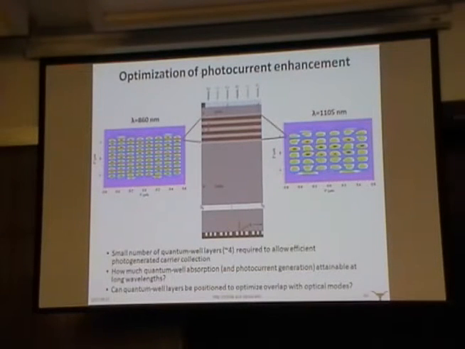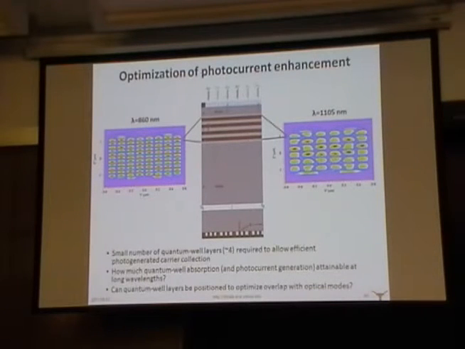And then you have issues like the following. This multiple quantum well region is really quite a small fraction of the total device structure. If you look at the field distributions for these different modes, you can see that for each of these modes you have peaks in the field intensity, and then you have minima where the field intensity is actually very small.